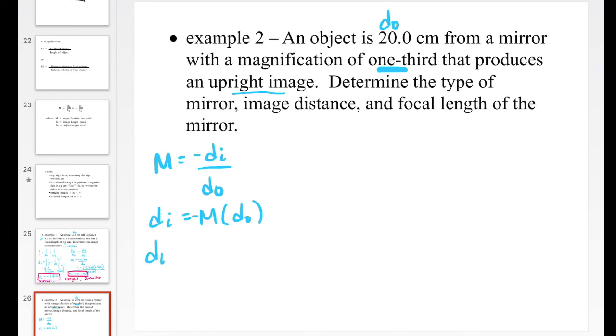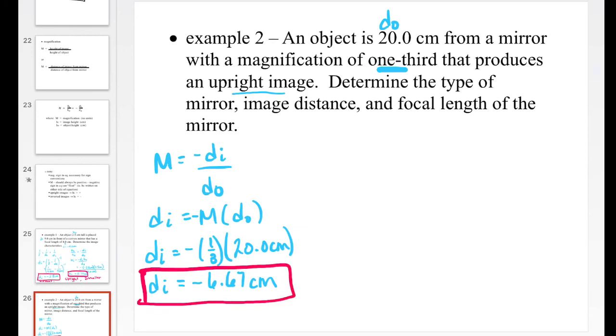So we already know that. Image distance equals negative 1/3 times 20 centimeters. Okay, so we get an image distance of negative 6.67 centimeters.